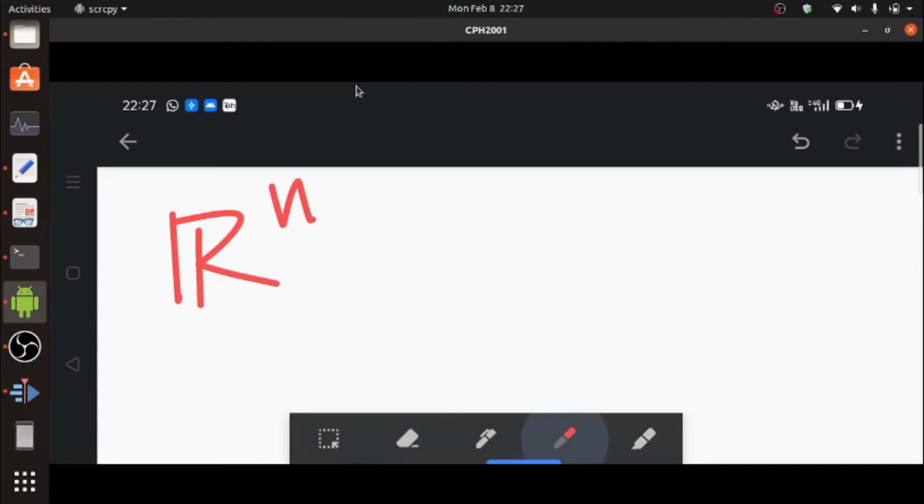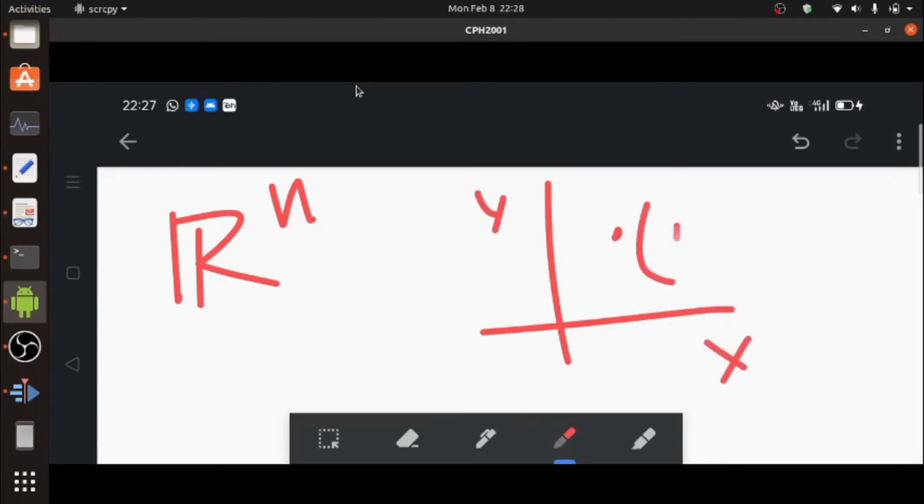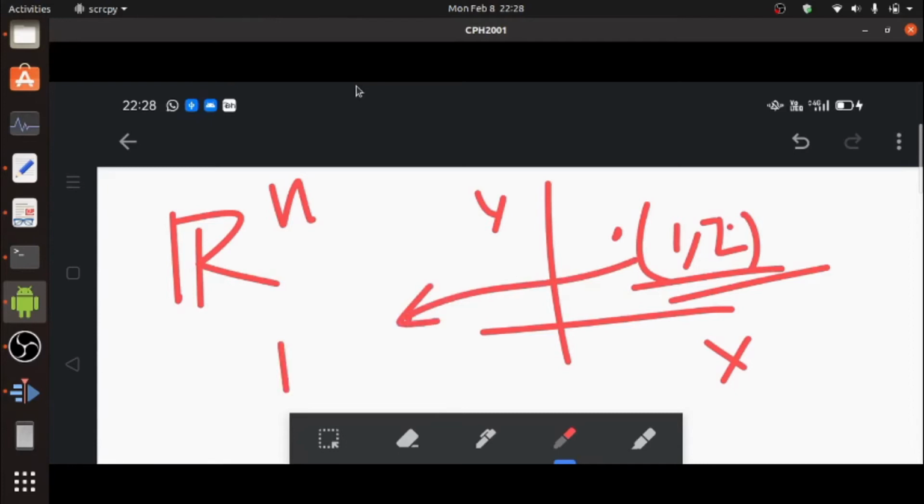Now in two dimensions we can define a point. Let's say this is the y-axis, this is the x-axis, and the point is (1, 2). This list of two numbers is a point in R2.